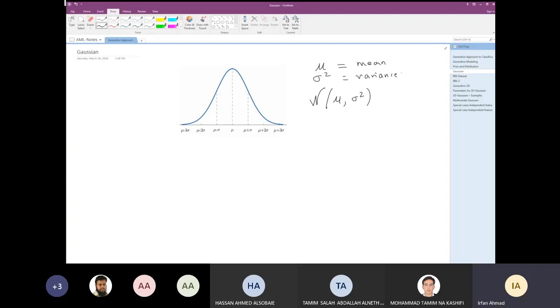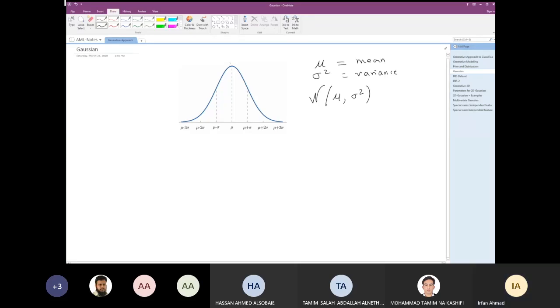You can see the likelihood is highest at the mean. The mean is the center of the bell curve, and as you move away from the mean, the likelihood keeps going down and down and down. So this is the idea here.